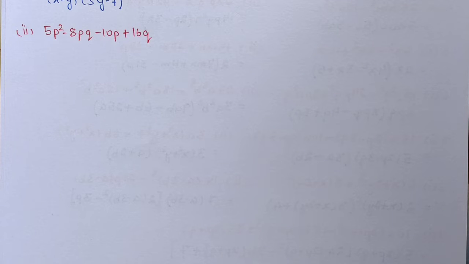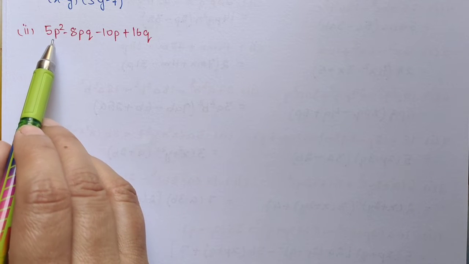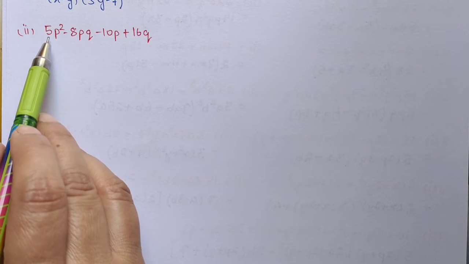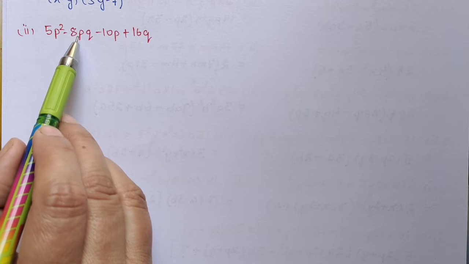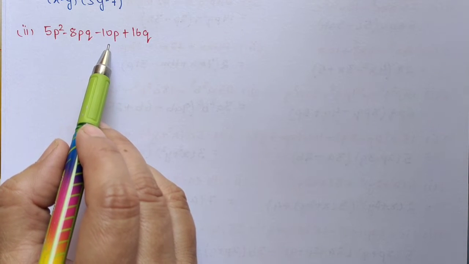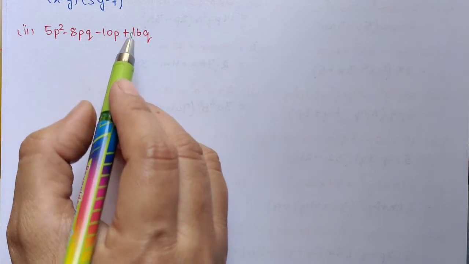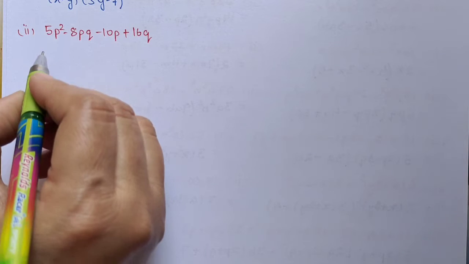Next, question number 2, second part, 5p square minus 8pq minus 10p plus 16q. If we take the first two in one group, then we have p as common, we will get 5p minus 8q in one bracket. Here if we take 2 as common, then we will get 5p minus 8q in another bracket. So we can group it like this.